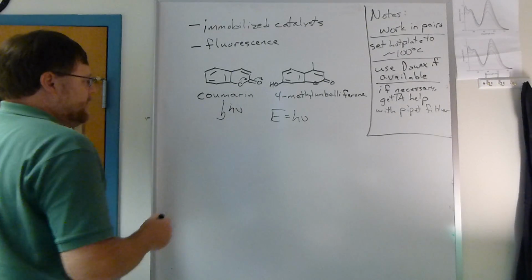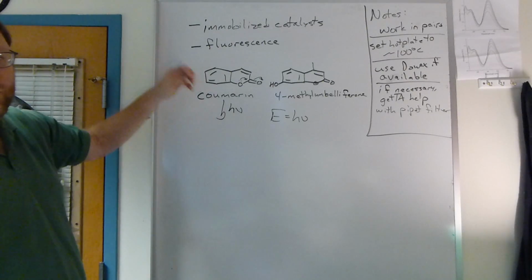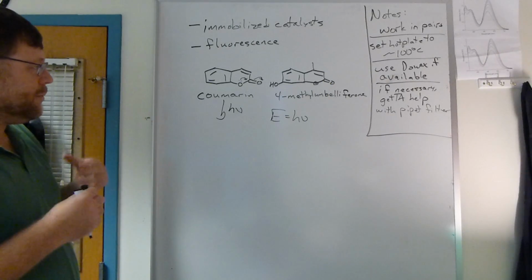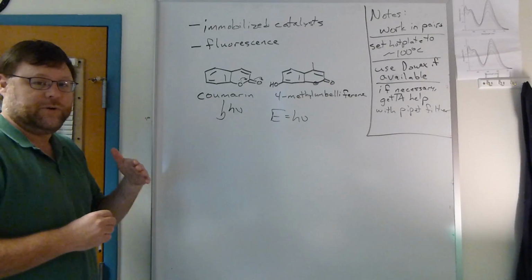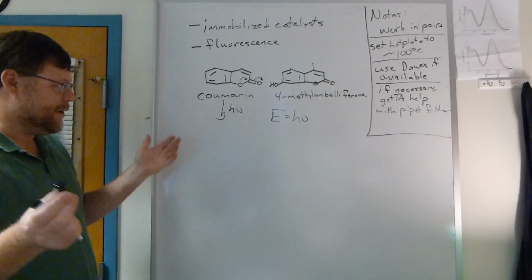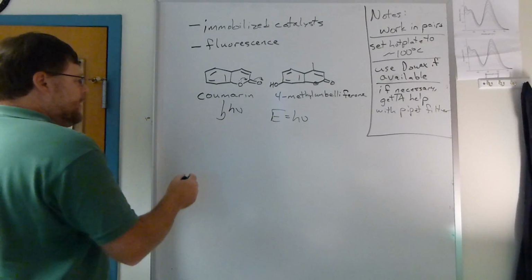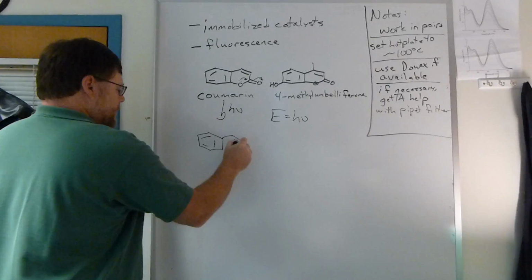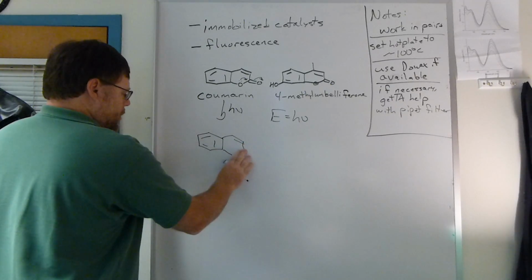So what's going to happen is coumarin is going to absorb a photon. When a molecule or an atom absorbs a photon, the energy of that photon has to go somewhere. You can't just make the energy disappear. So what happens is you're going to get something called an excited state.